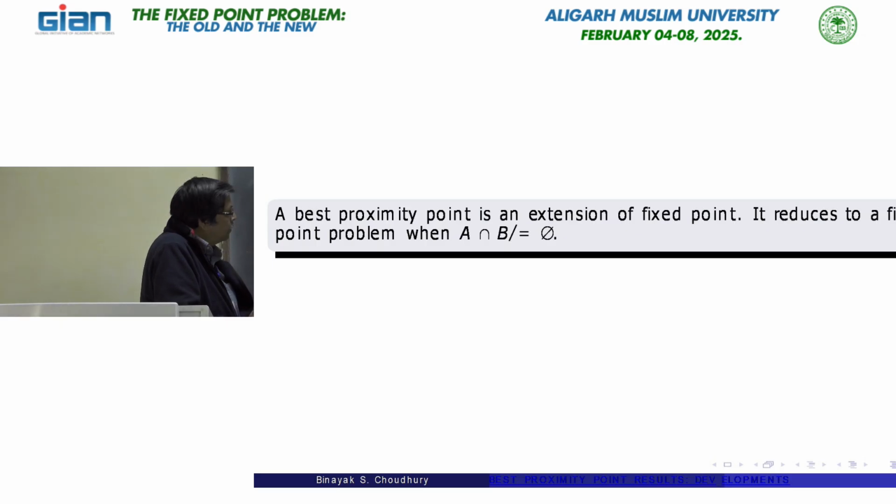If it boils down to this one, then we will be doing what we do with fixed points, and there is no speciality in it. There is no point in dealing with it separately as a best proximity point. So our interest will be in the situation characterized by the fact that d(A,B) is not equal to zero.